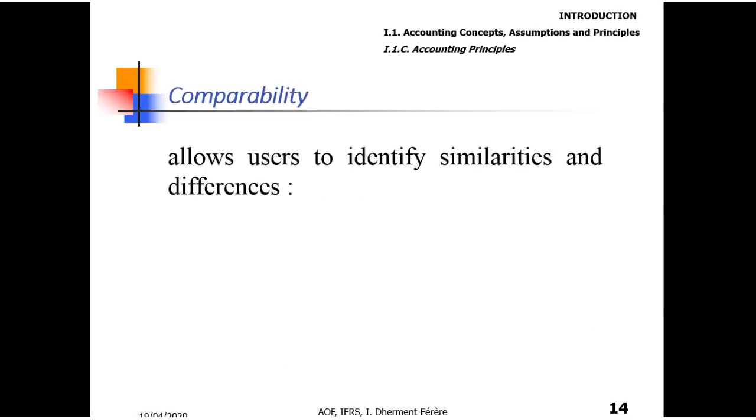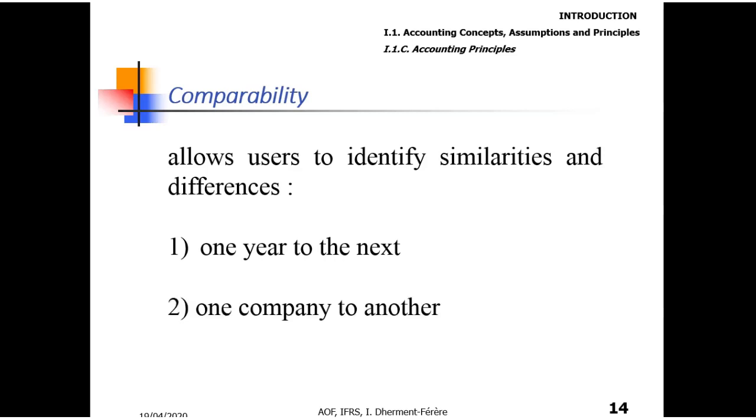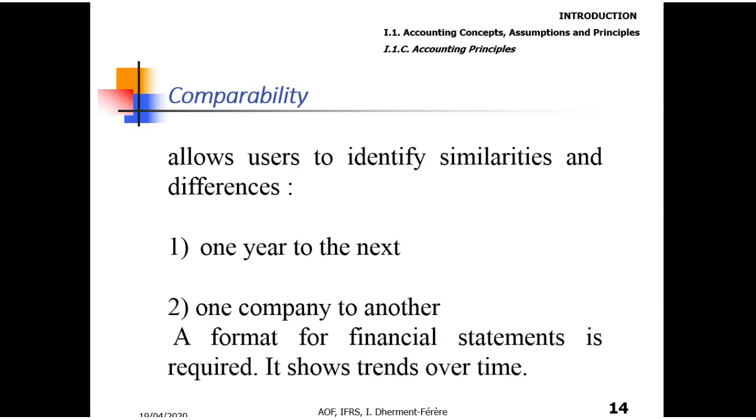Comparability allows users to identify similarities and differences from one year to the next or from one company to another. A format for financial statements is required. It shows trends over time. Full disclosure.